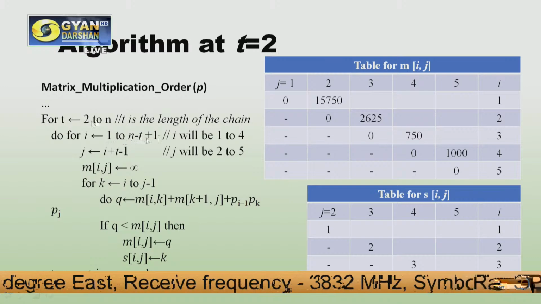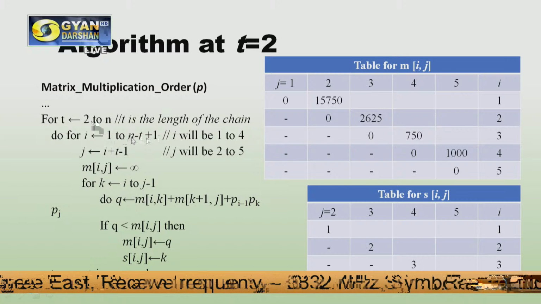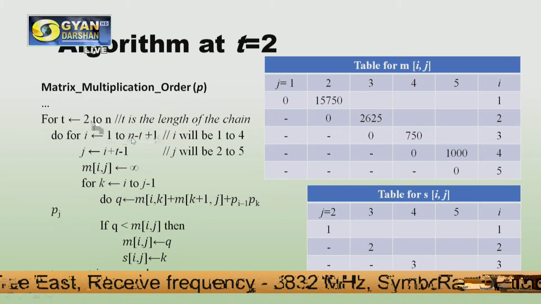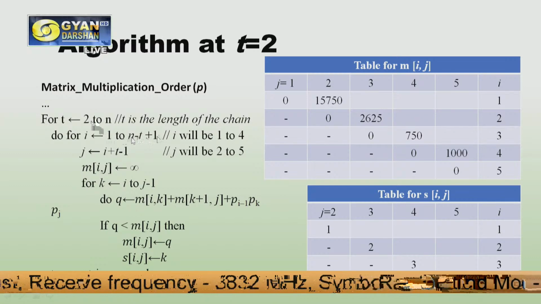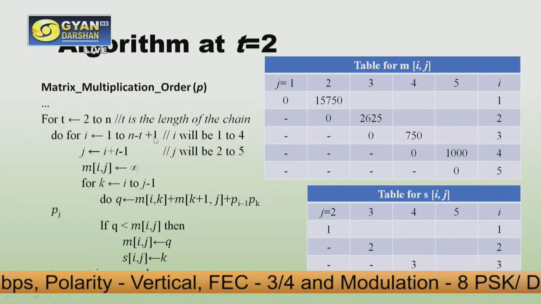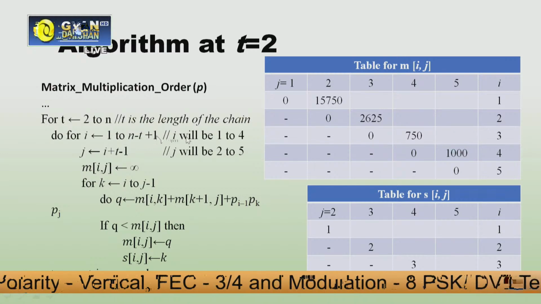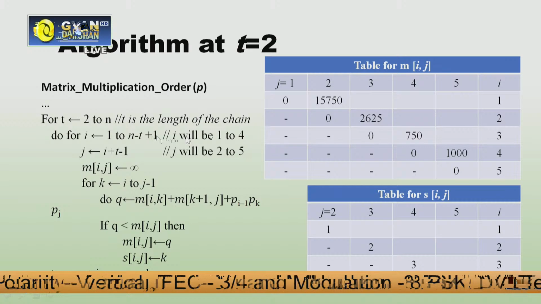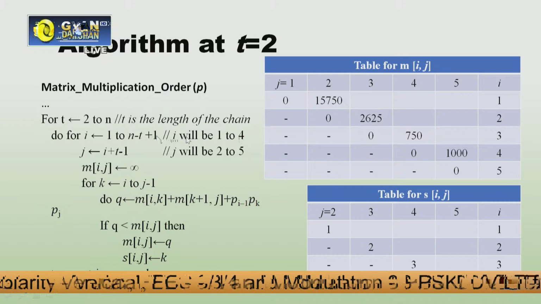What is N minus T plus 1? N was 5, T is 2, so 5 minus 2 plus 1 is 4. So the value of I will be 1 to 4 only, because we are doing multiplication of 2.